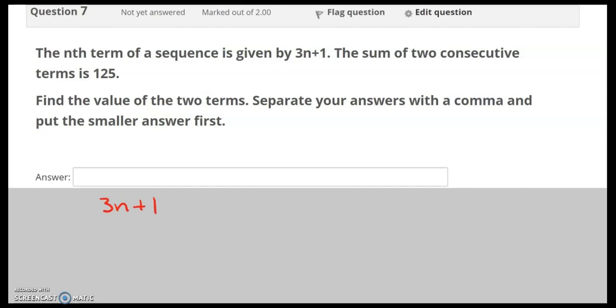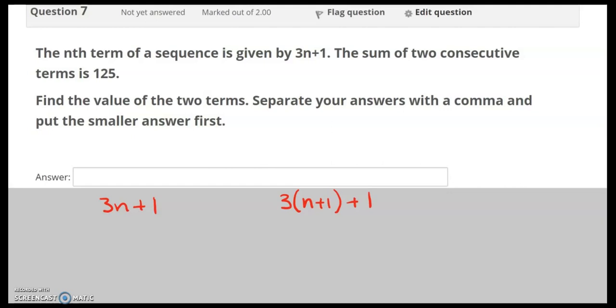The next one will be 3 times n plus 1, because if this is the fifth term, for example, the next one will be 5 plus 1, so the sixth term. So that's why I'm replacing n with n plus 1. And of course, we shouldn't forget to add 1, which is part of the nth term given.